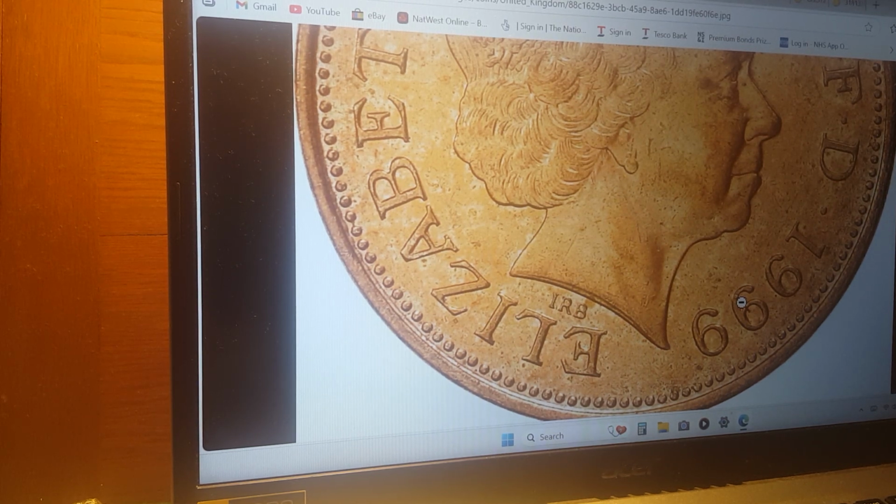Oh, it's a bit time consuming. I don't know whether this is logged with the Royal Mint, these changes, and why there would be changes like this.